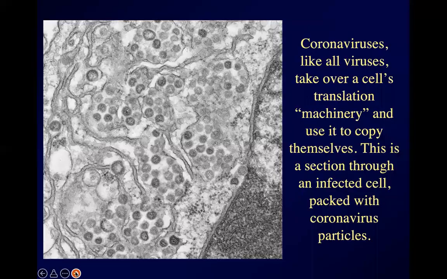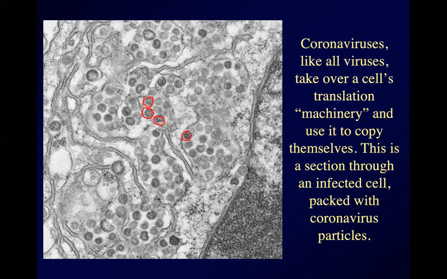So there. That's a section through a human cell that's been infected with coronavirus, and every one of these little circles that you're seeing is a new coronavirus particle being made inside the host cell. So this is what all viruses do. If you get coronavirus, the virus particles enter your lungs.